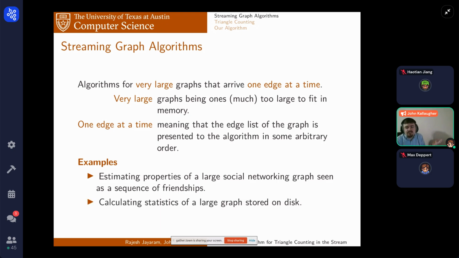Or for another situation, suppose that you have some really large graph stored as a file on disk, so making random queries to it is prohibitively expensive. But what you can do is read the whole thing off disk and stream it and maybe store some small amount of information in main memory. And you want to estimate properties of this graph this way.